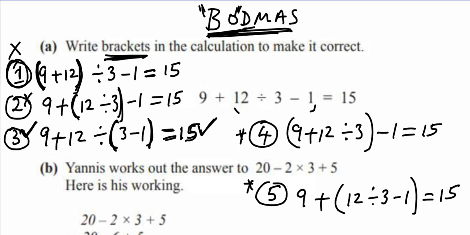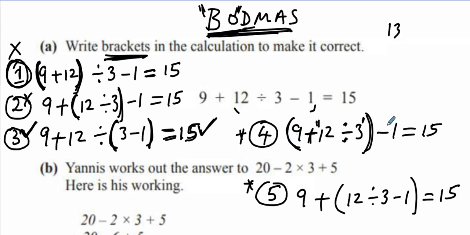Okay. Remember BODMAS. Work out the brackets. So this will be inside the brackets. We have two signs. One is addition, another one is division. So we start with division according to BODMAS. 12 divided by 3 is 4. 4 plus 9 is 13.